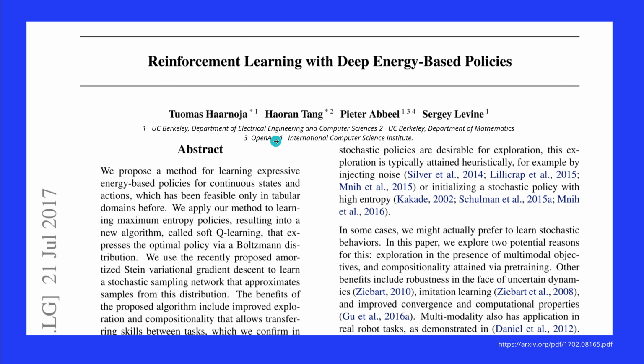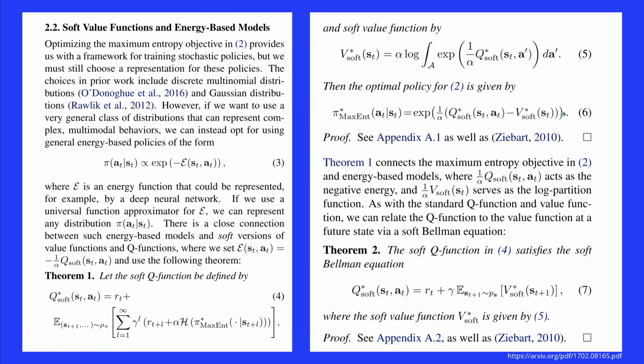And they, OpenAI and the Department of Mathematics, UC Berkeley, examine something very particular. They have a soft Q star functionality that they examine in 2017. Can you imagine this?